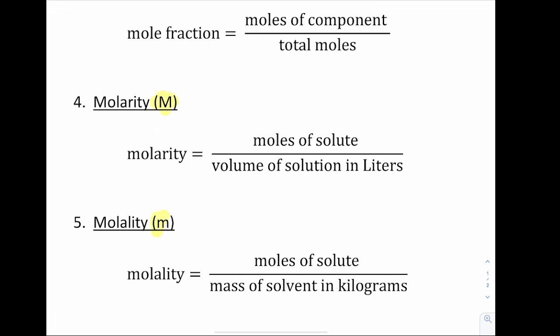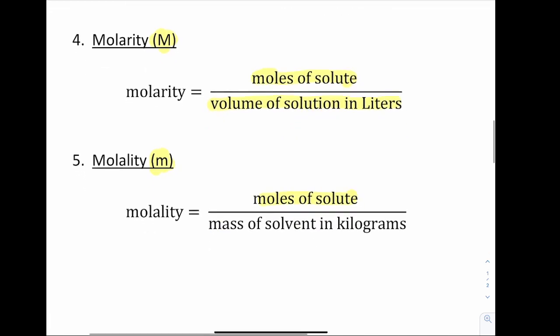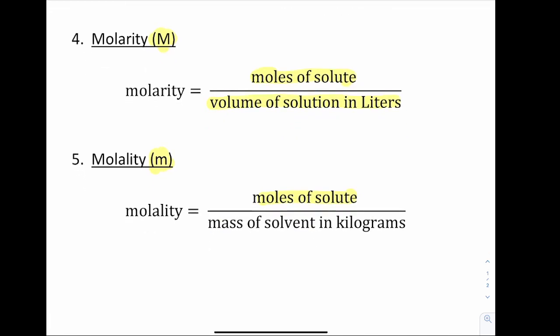Both of them are moles of solute on the top. Molarity we know is the volume of solution on the bottom. Molality is completely different. Molality is going to be mass on the bottom instead of volume, and it's going to be solvent instead of solution. It's the only unit of concentration that we're going to cover that actually has solvent on the bottom. So do be careful not to get those two confused.